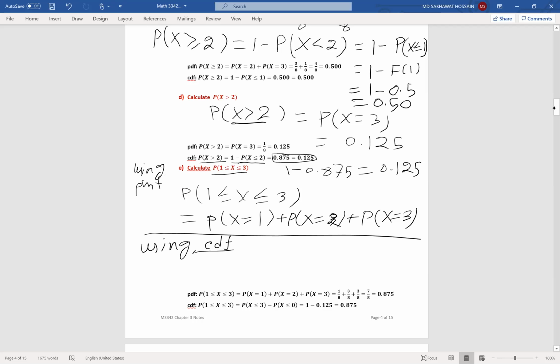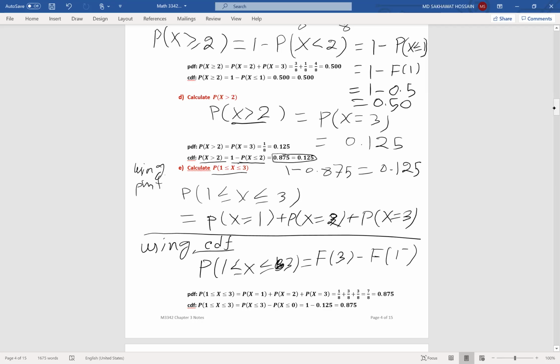Okay, so in this case, if you want to use CDF, sorry, this is not B, this is 3. So this is equal, we already know that F of 3 minus F of 1 minus. So what does it mean by 1 minus? That means the numbers which are less than 1, so you can use this notation, 1 minus.